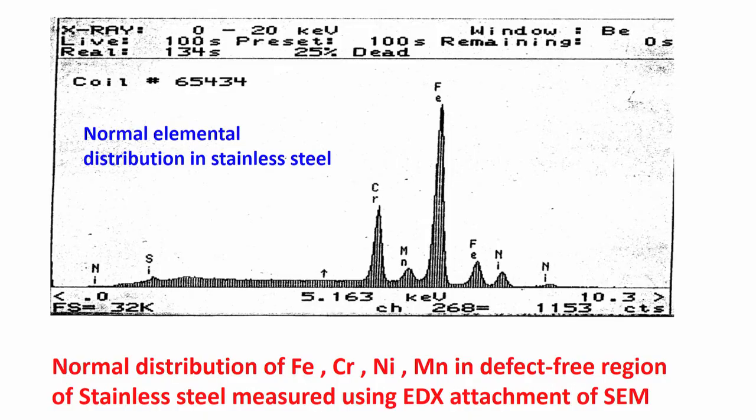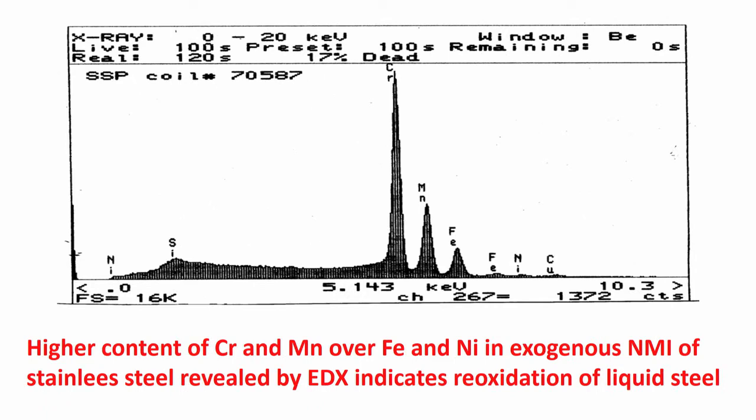Earlier we showed how normal steel looks. Iron has the highest peak of X-ray because iron is relatively large in concentration in any steel, and also in stainless steel, but chromium is next, about 18% chromium, so you find the chromium peak also relatively large. But here, what is happening?